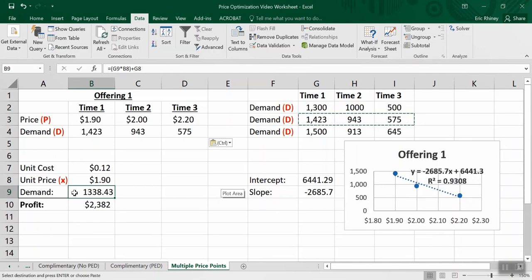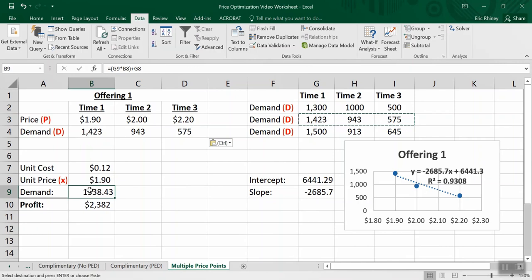But you see that our actual demand up here was 1,423, and at $1.90, our demand is at 1,338. So it's not quite what we actually had in time one at $1.90.